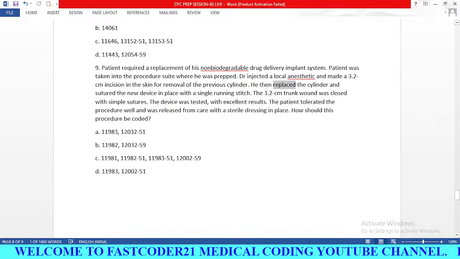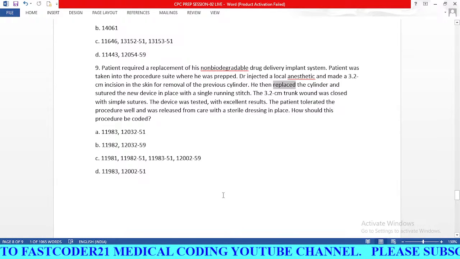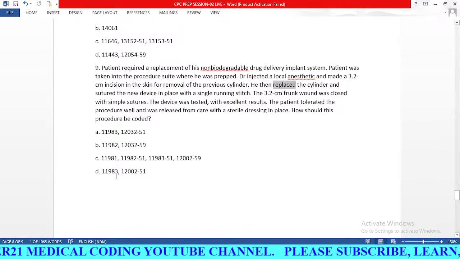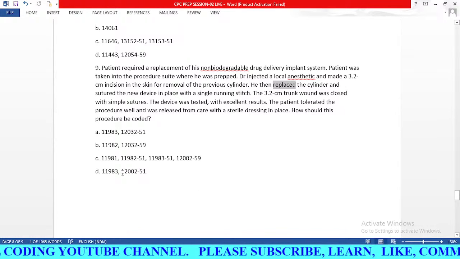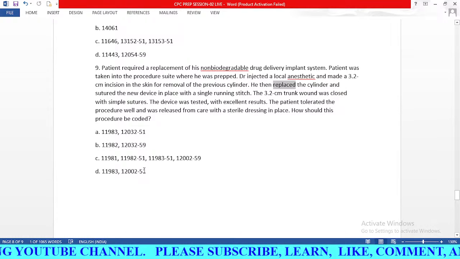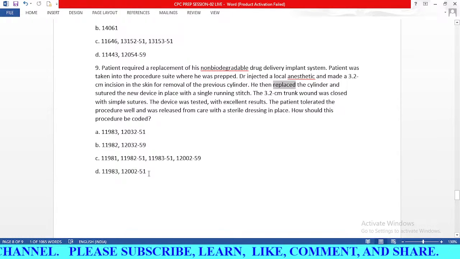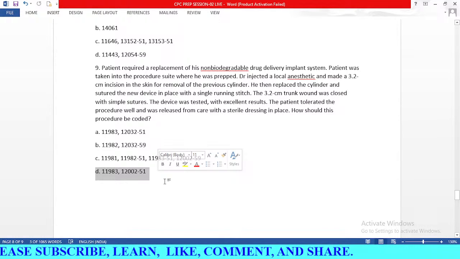So here, what is our answer? D. See, 11983 and 12002 51. 12008 is for repair. So here our answer is 11983 and 12002 51.